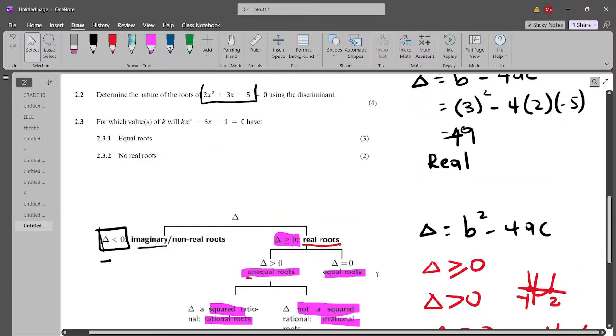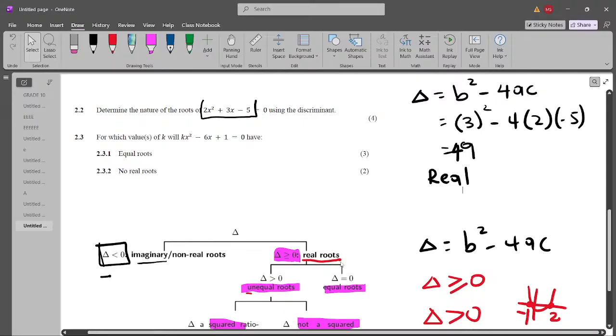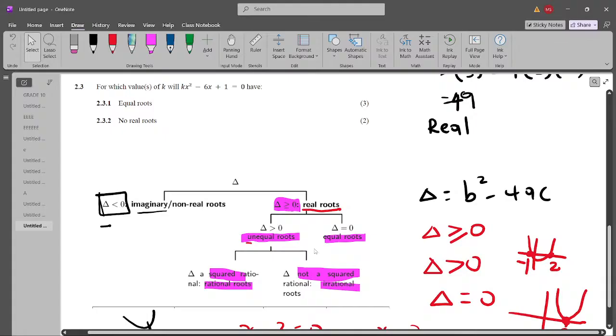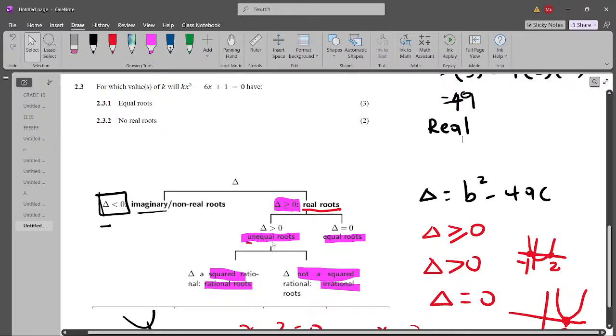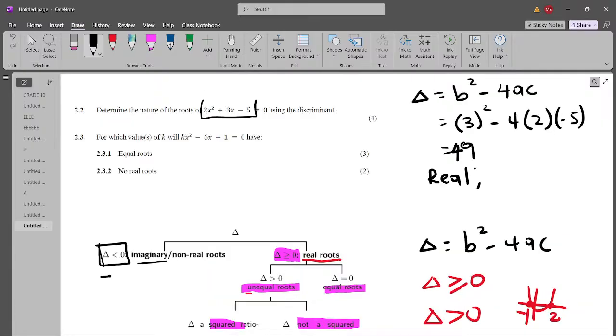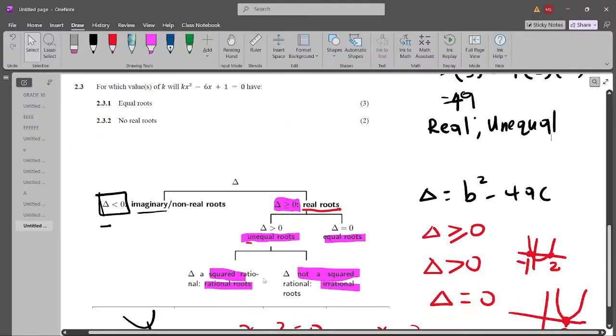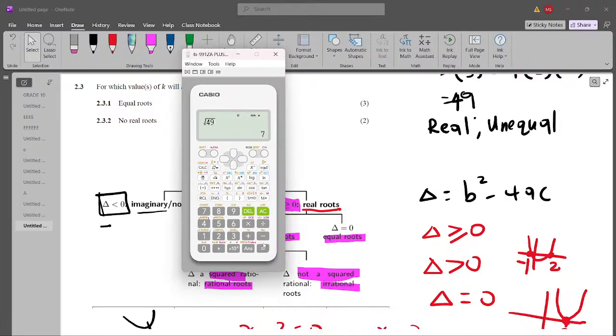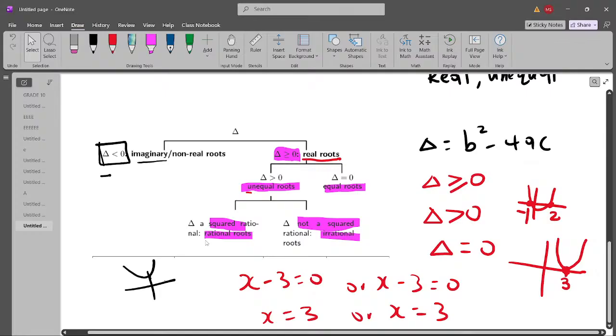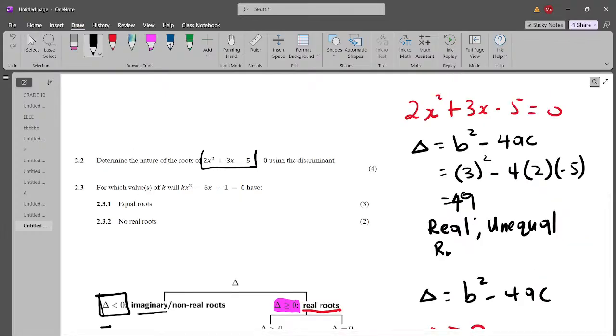Because our discriminant is greater than 0. Therefore, it also means the roots will be unequal. But also, 49 is a perfect square, of what number? Of 7. Therefore, since it's a perfect square, the roots are also rational. So this is what we want to see for those formats.